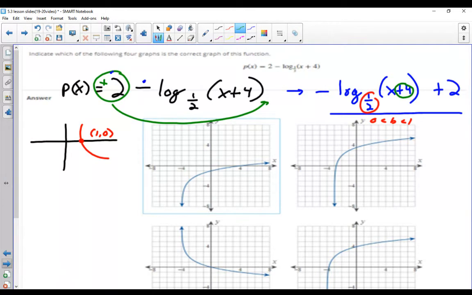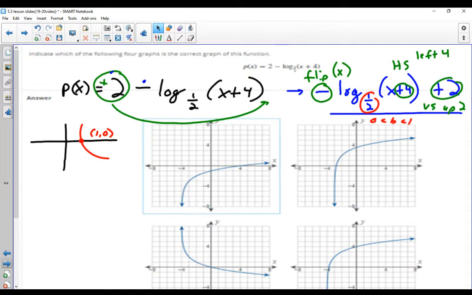Here, that's our horizontal shift, and it's going to have to go left 4, because it's the opposite of what you expect. This is our vertical shift of up 2, and then this is our flip over the x-axis. Now remember, horizontal shifts go first.